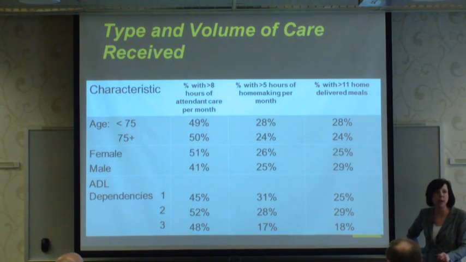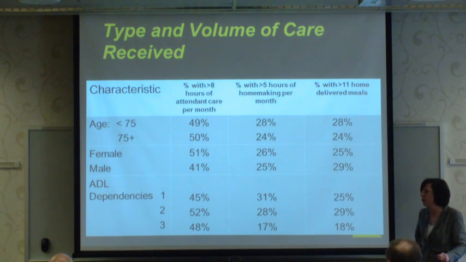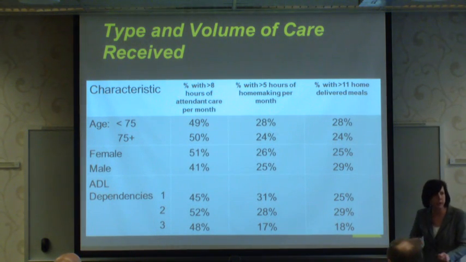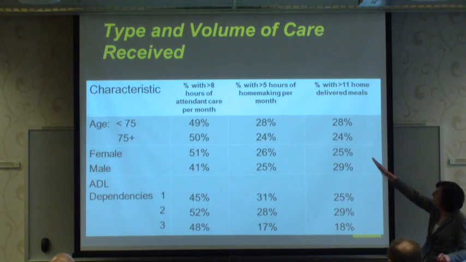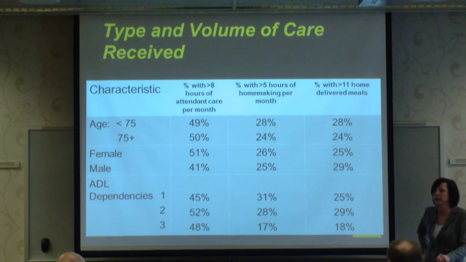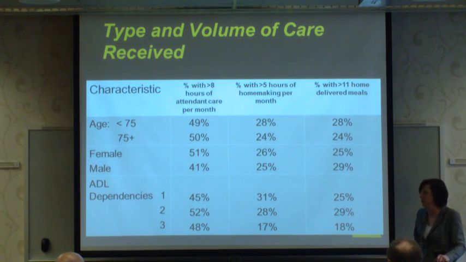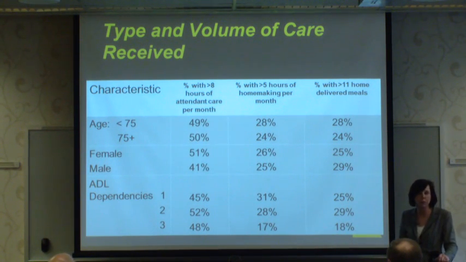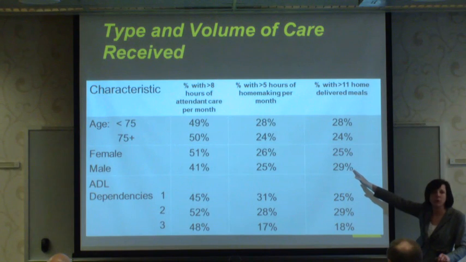And only about half are getting more than 2 hours a week. And this is personal care. This is where they come in and help them bathe and toilet and dress. The middle column here is the percent with more than 5 hours of homemaking per month. Again, that's running about an hour a week. About a quarter are getting more than 5 hours.